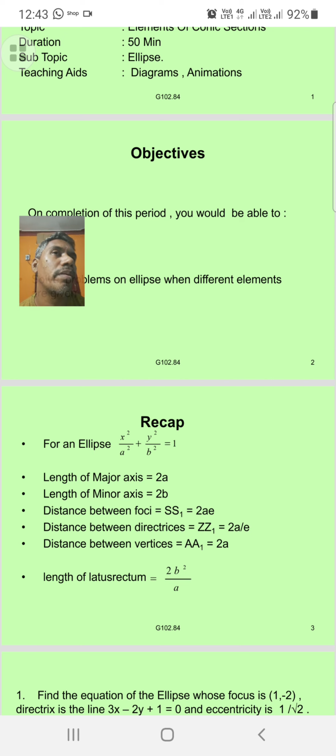If you picturize or draw the figure of the ellipse, then based on the diagram we can easily solve the question.